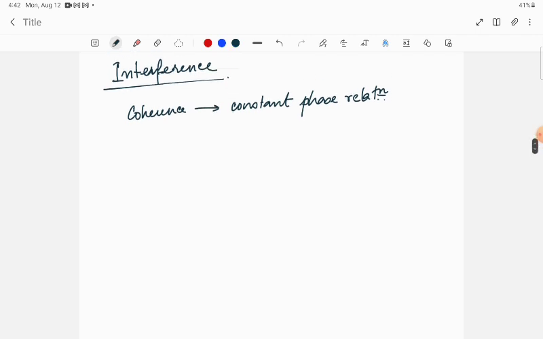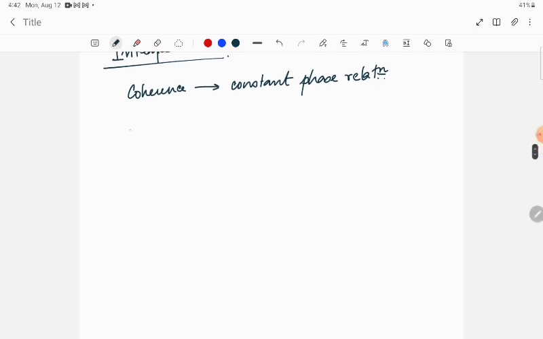So let's have a look into how it arises. Typically, when we consider interference, it's basically the sum of two electric fields associated with the electromagnetic wave. Let's say we interfere two waves. The first wave's electric field is E1, written as E01, which is the amplitude of the wave, times the phase term, exponential of minus i (kz minus omega t).